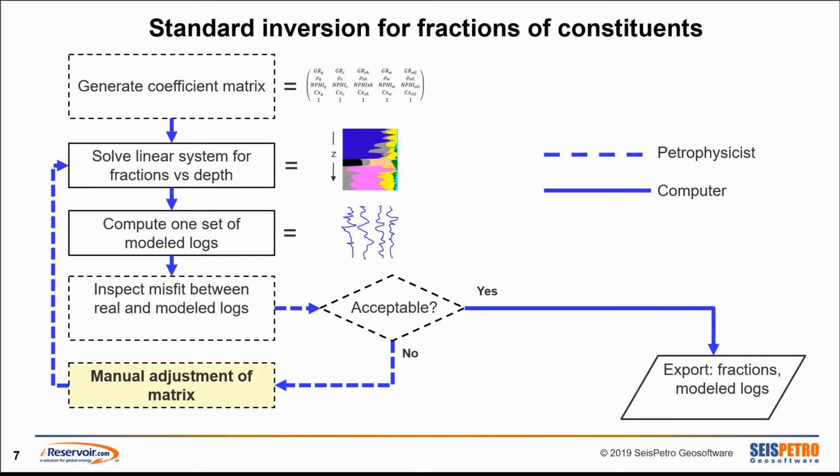Then the computer takes over, and we repeat the whole process of changing the matrix, solving for the constants, and inspecting the results. Once the results are acceptable, they are exported. But the key part of this workflow is the manual adjustment of the matrix by the petrophysicist.